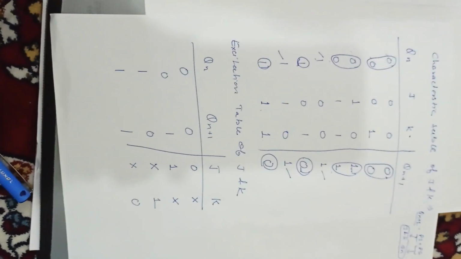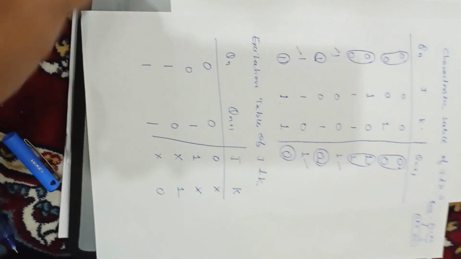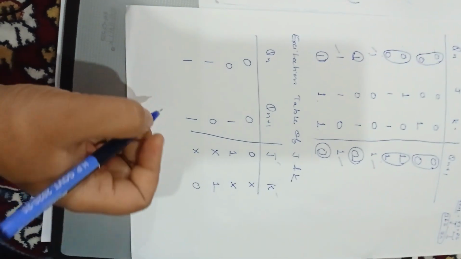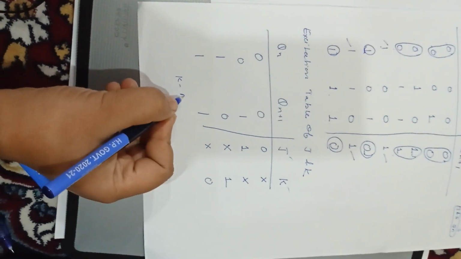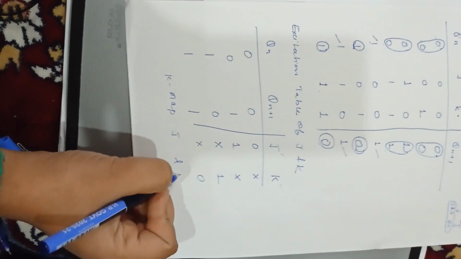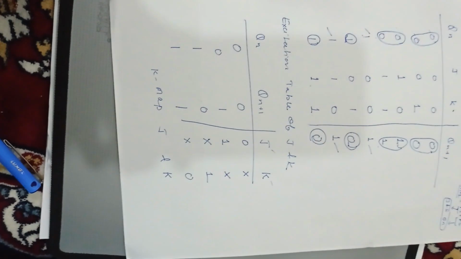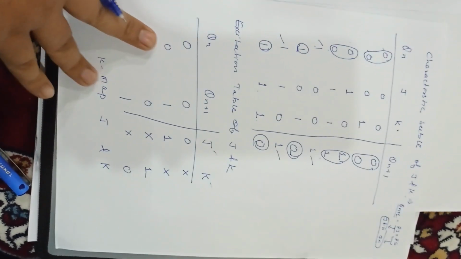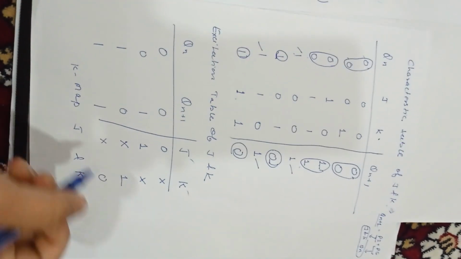So now, by using your k map, just obtain the value of j and k. Since there are two inputs, obviously you are using your 4 cell k map. 4 cells will be formed, as there are 2 inputs.